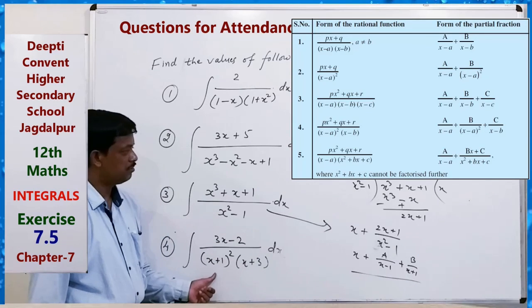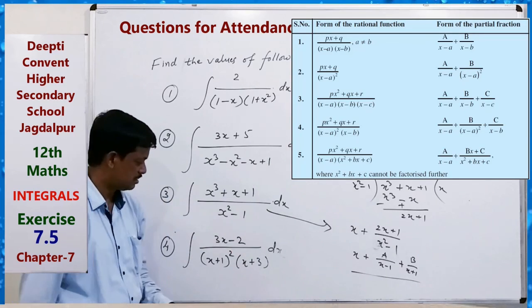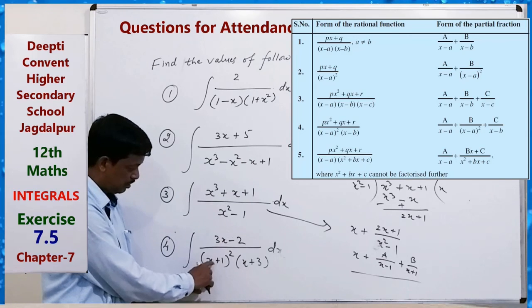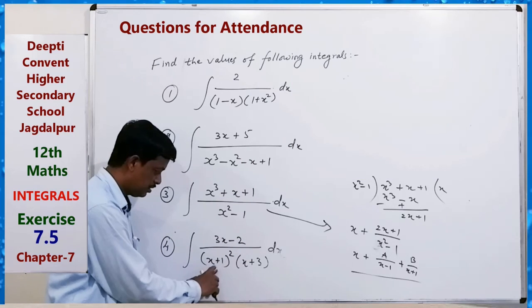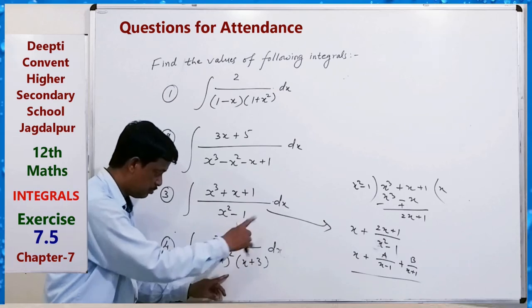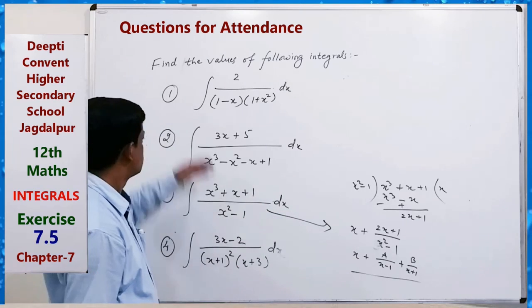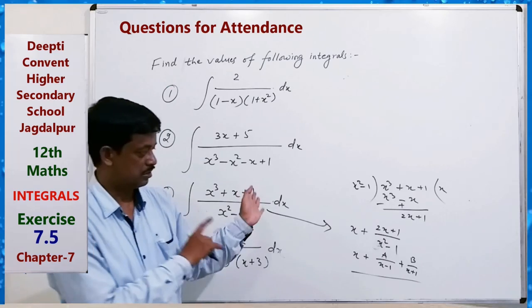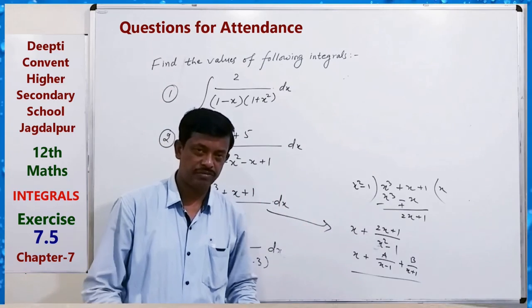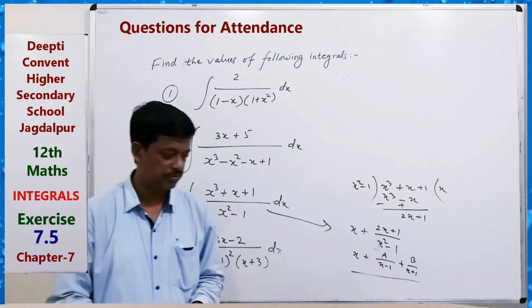Here you can solve it just like the previous questions. A upon x plus 1 plus B upon x plus 1 whole square plus C upon x plus 3, so you can separate it and integrate. So solve these 4 questions. Okay, this was the hint for this, and send it to me for your attendance. Okay.